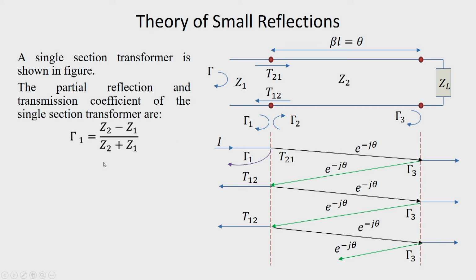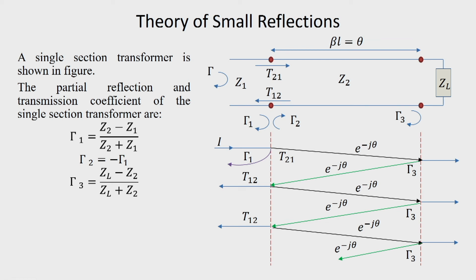So, we can write these partial reflection coefficients. Gamma 1 is Z2 minus Z1 divided by Z2 plus Z1. Gamma 2 will be Z1 minus Z2 divided by Z1 plus Z2, which is same as minus of gamma 1, and gamma 3 will be ZL minus Z2 divided by ZL plus Z2.